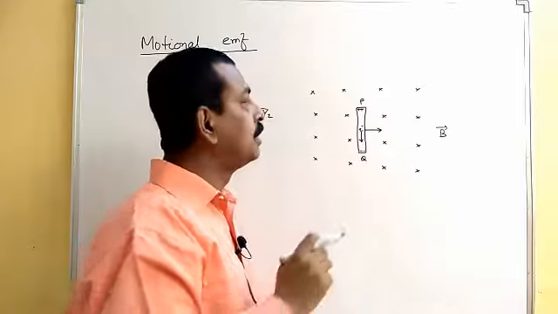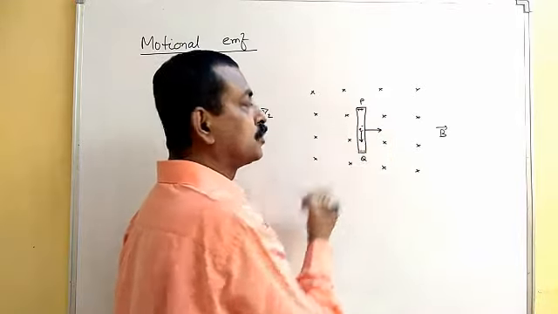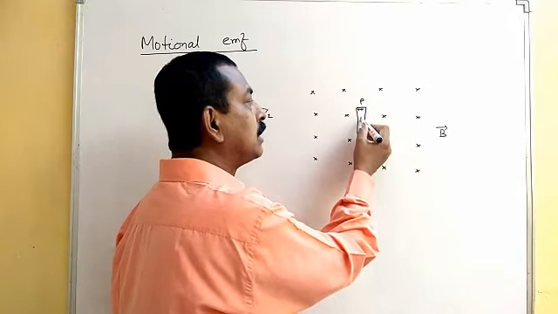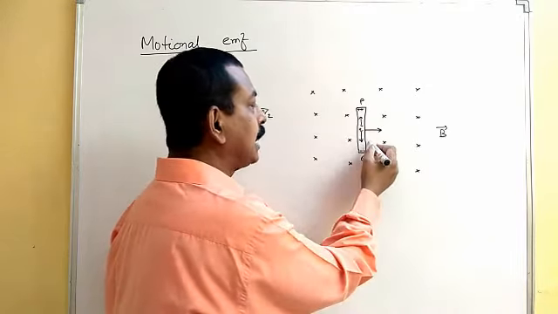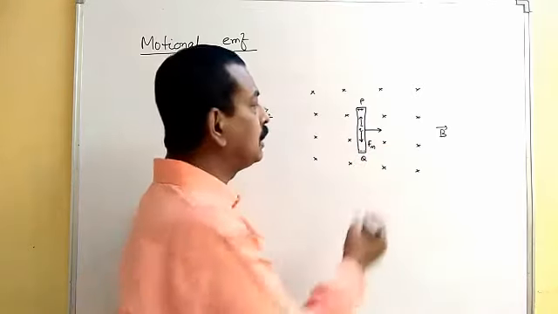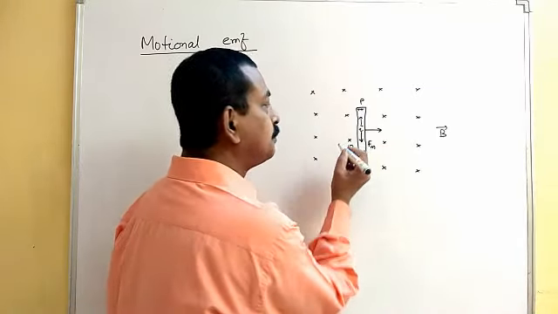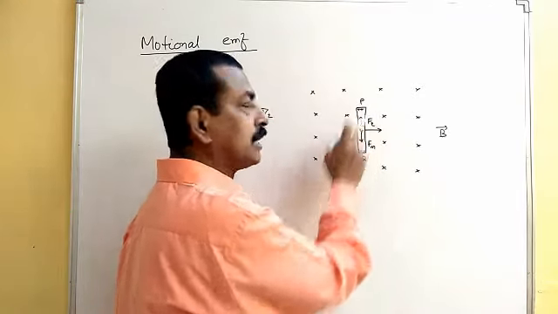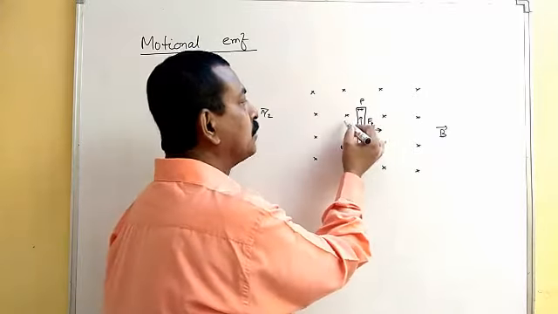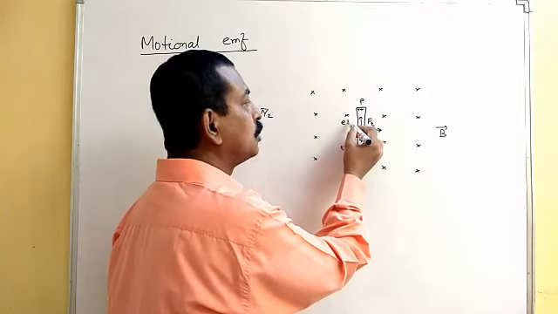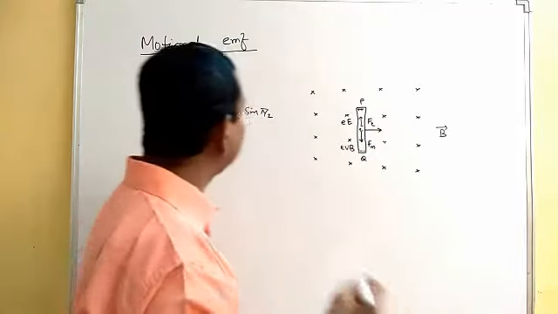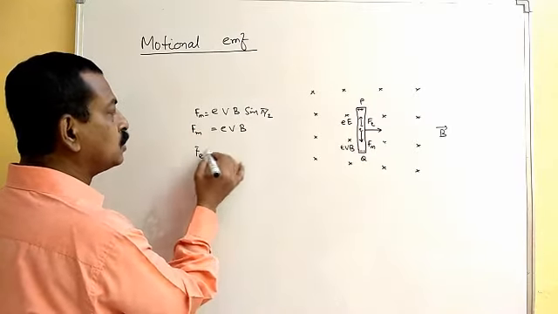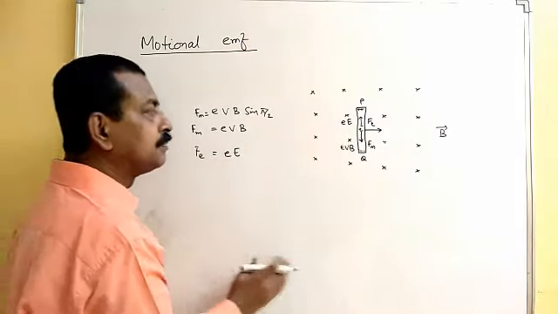As a result, the electrons will experience a force due to the magnetic field, which is eVB, and a force due to this electric field, which is e into capital E.